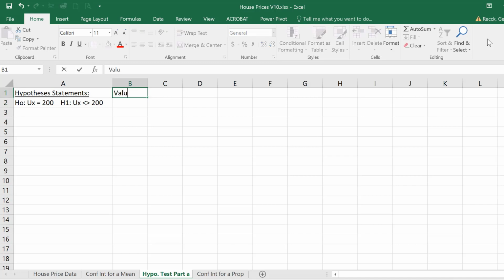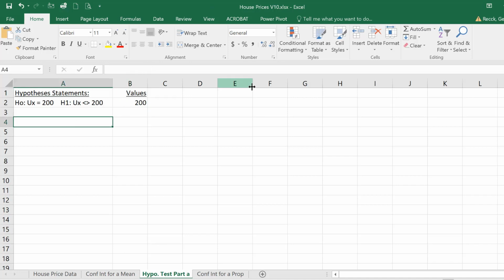And then the values, because we'll use the values in column B later on. And just justify that. And that's our key thing. We're looking to see if there's statistical evidence that the mean housing prices are different than 200.